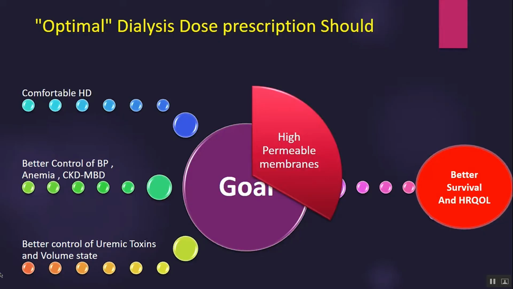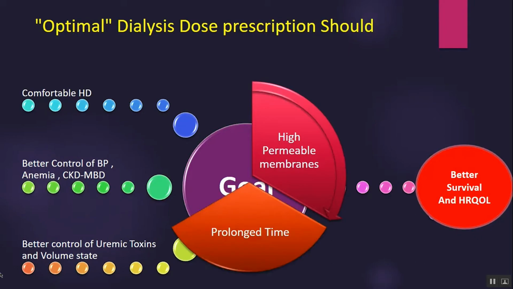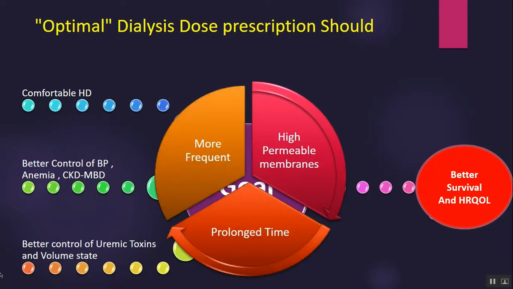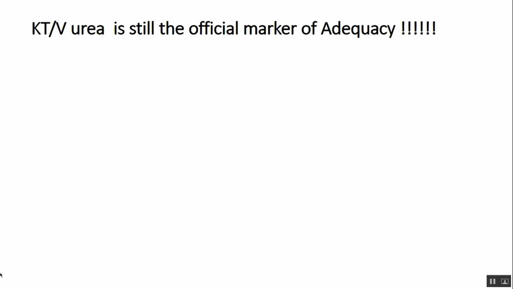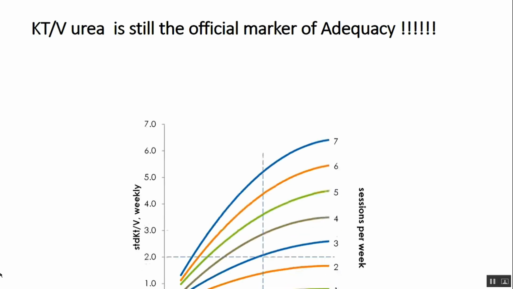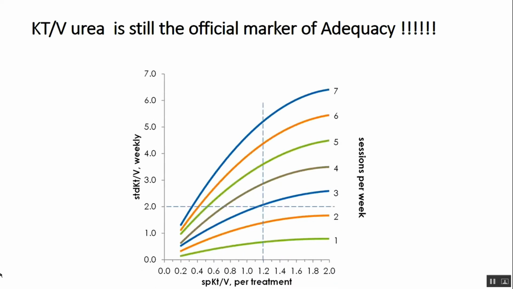محتاجين عشان نحقق الجول ده high permeable dialysis membrane, high flux definitely, prolonged time, more frequent hemodialysis. KT over V is still the official marker of adequacy. هنيجي نلاقي ان هو في كل الجايد لاينز still looking for urea removal.